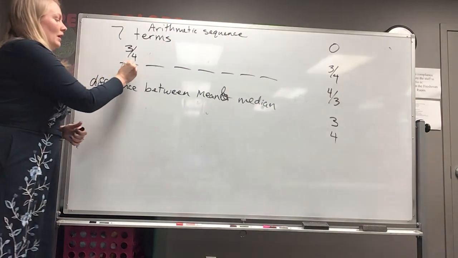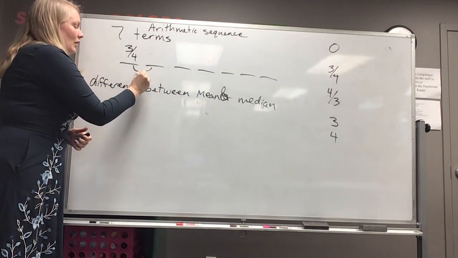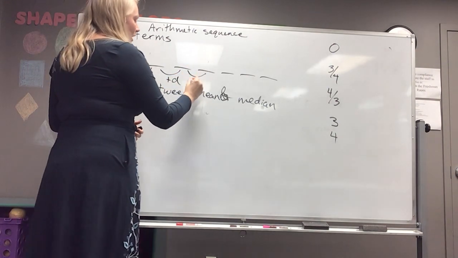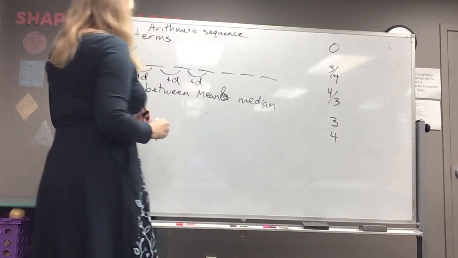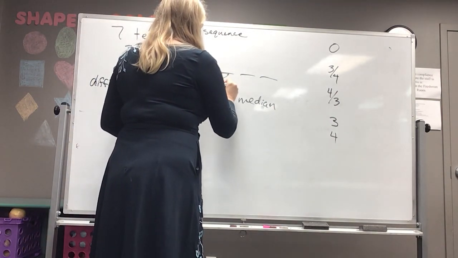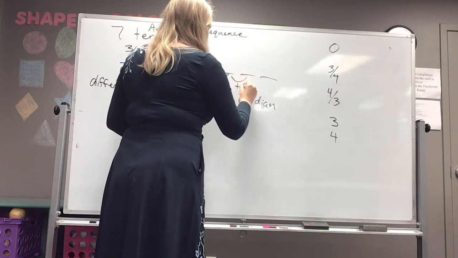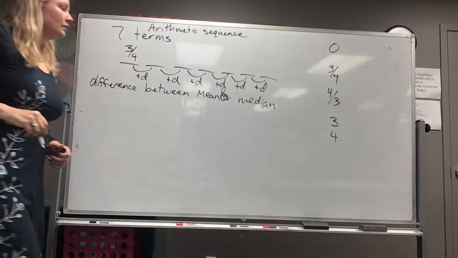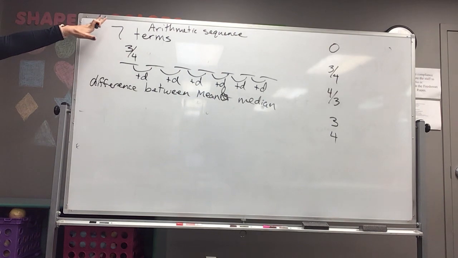But the important thing is that this is, I'm going to call it D. This is changing the same amount each time. 1, 2, 3, 4, 5, 6, 7. Yeah, I got the right one. So that's our arithmetic sequence part.